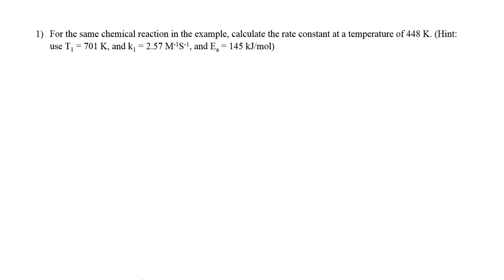So in this case, you already know your T1 and K1. And you also already know the activation energy, that is 145 kilojoules per mole. Now what you want to determine is K2.